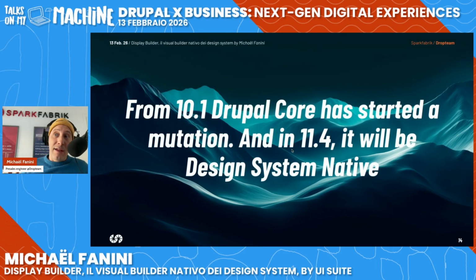Today we are at Drupal 11.3, and in Drupal 11.4 we will have a fully native Drupal design system, because we already have the icon API, and we are working hard today to add the style API and the token API. And with these 4 parts, we will have a CMS which is design system native.